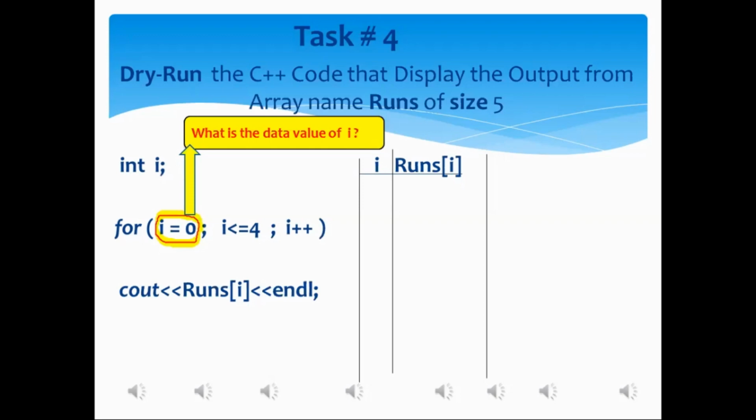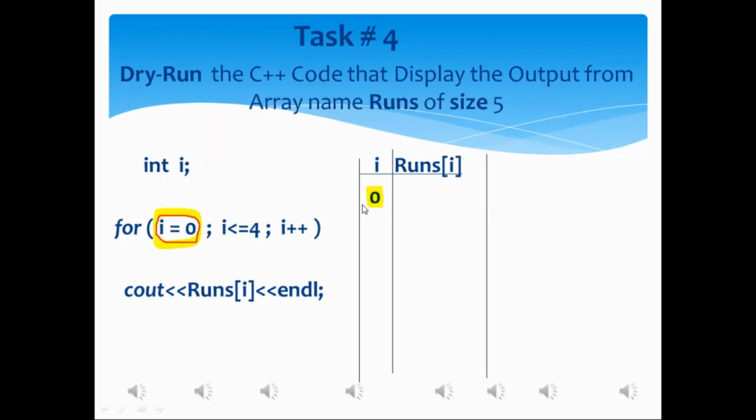It means I will be initialized, and I'm asking you, what will be stored in the variable I? 0, sir. Okay, 0. Do I write 0 in the column I over there? Yes, sir. Okay, I'm writing the initial value of I in the column I, all right? Yes, written, sir.